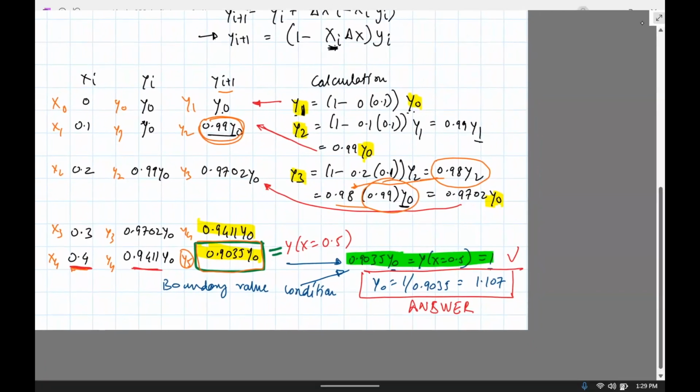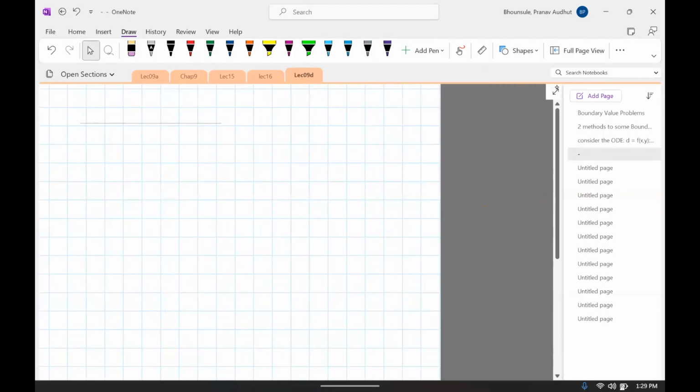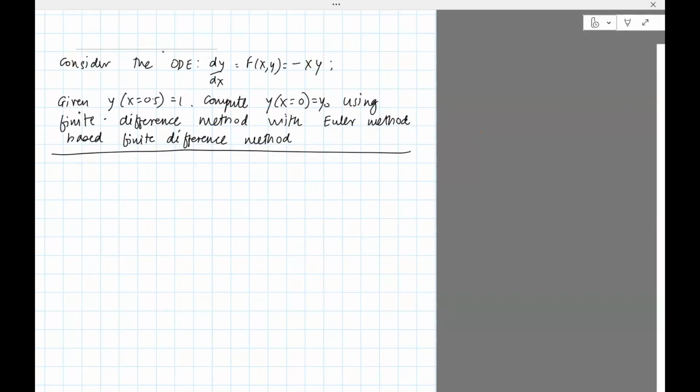Okay, so let's do the same problem using finite difference. So let's see how to do this. First of all, I forgot to put the grid size. The grid size delta x is 0.1. Let's use the same one.